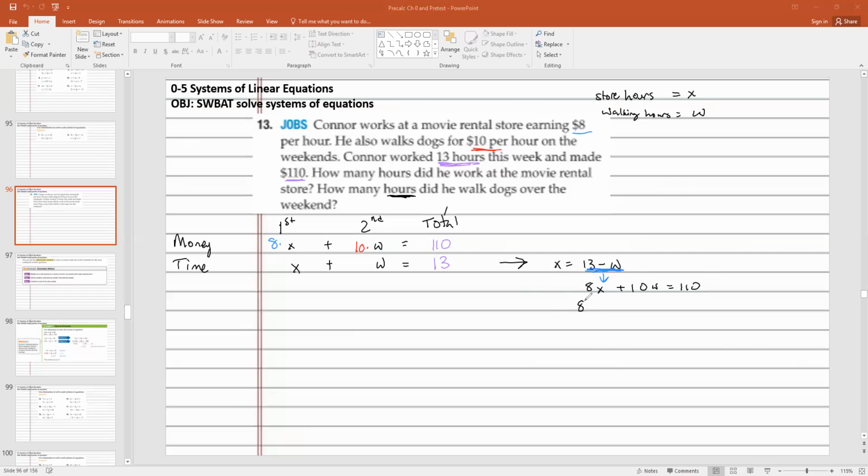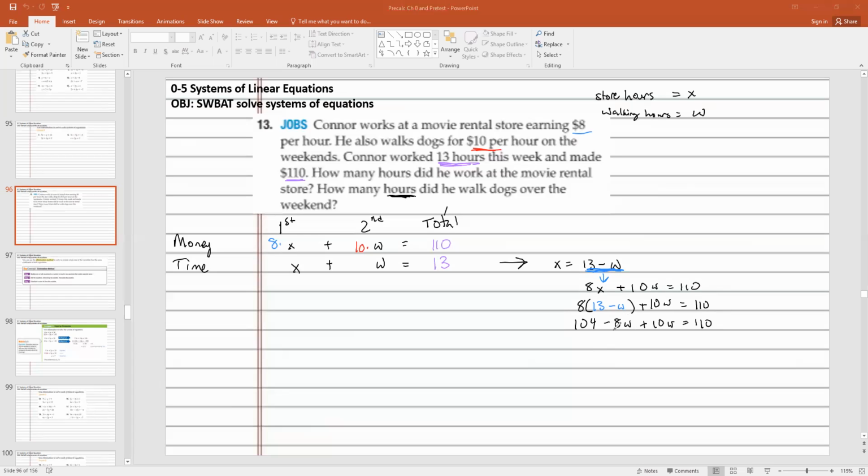So we have 8 times (13 minus w) plus 10w equals 110. 8 times 13 is going to give us 104, minus 8 times w is 8w, and then plus 10w equals 110.